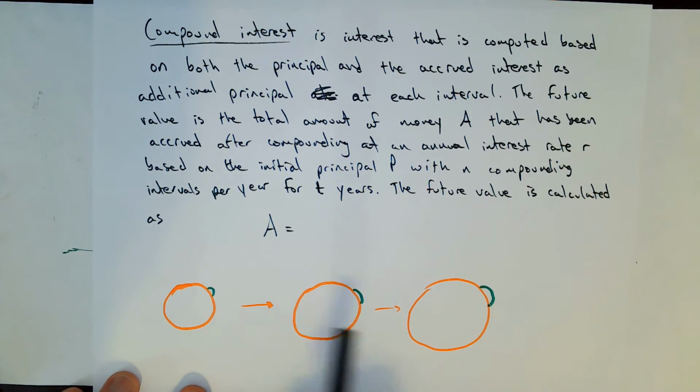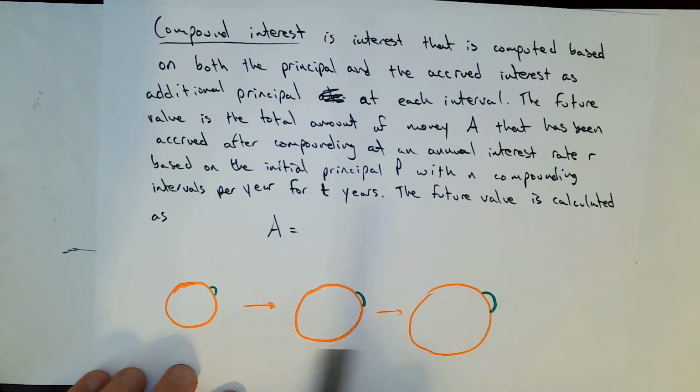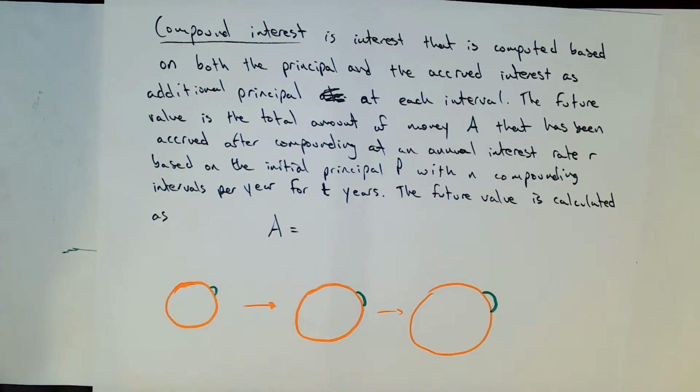These little arrows I drew, each one of these little changes from here to here, here to here, would be representing a compounding interval where it recompounds, where the calculation is done again. So how many times does that happen per year? Well, that's denoted by this letter n, for compounding intervals per year.